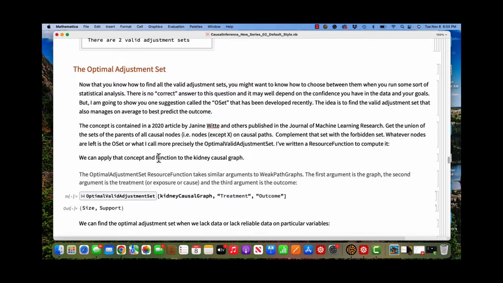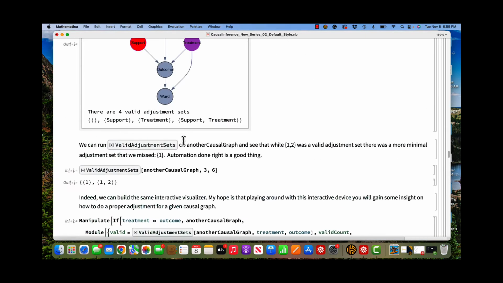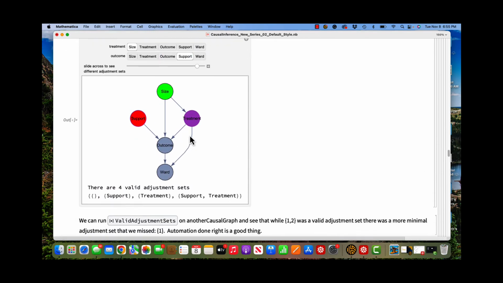And the idea is to look at the parents of all the causal nodes, which we mean, for example, here, the causal nodes are simply outcome. Treatment is not itself a causal node. You look at the parents of them, support and size.